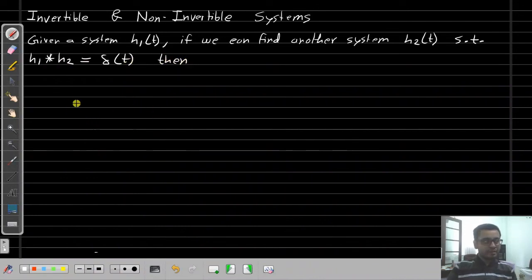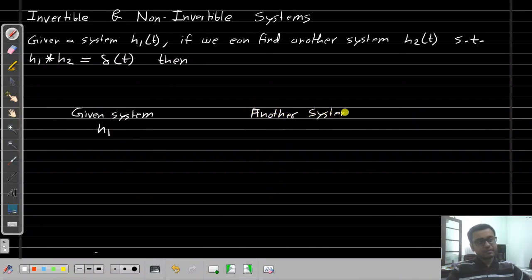Then if we connect these two systems in cascade like this, given system h1 followed by another found system, h2, connected in cascade.